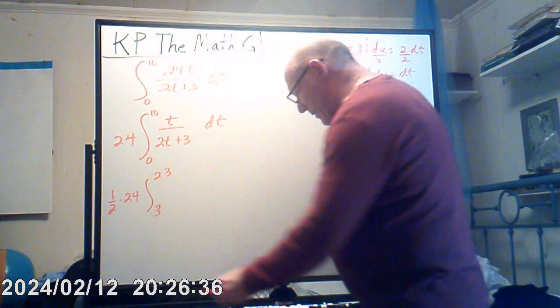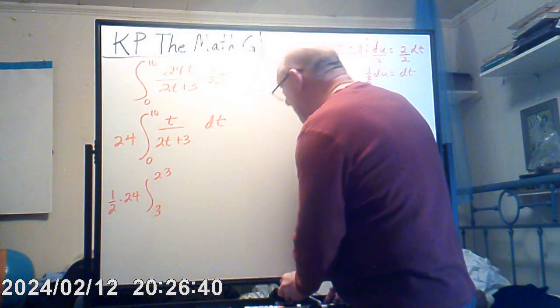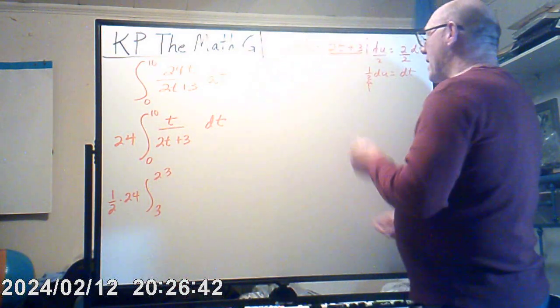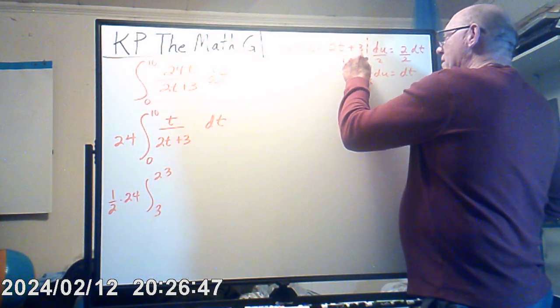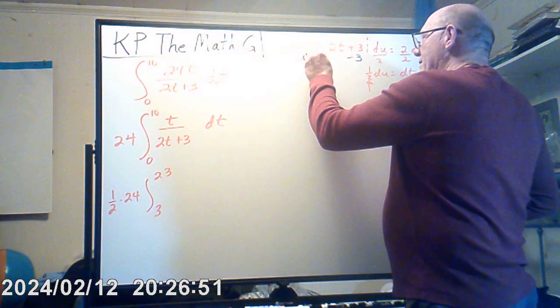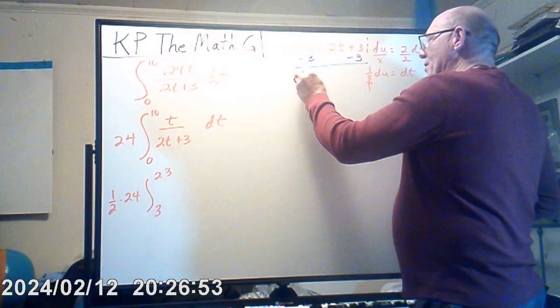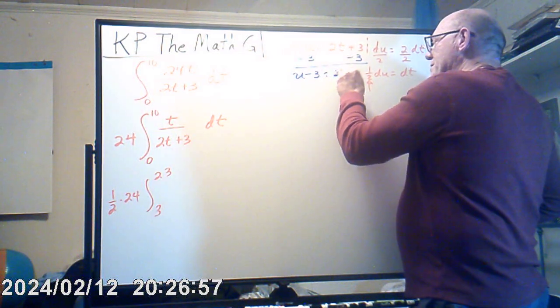Let's use a different color. Sometimes a little change is better. Now I'm going to solve for t right here. If I subtract 3 on both sides, I've got u minus 3 is equal to 2t.